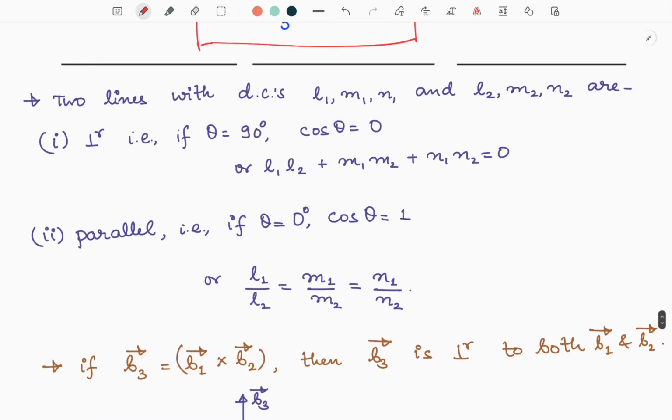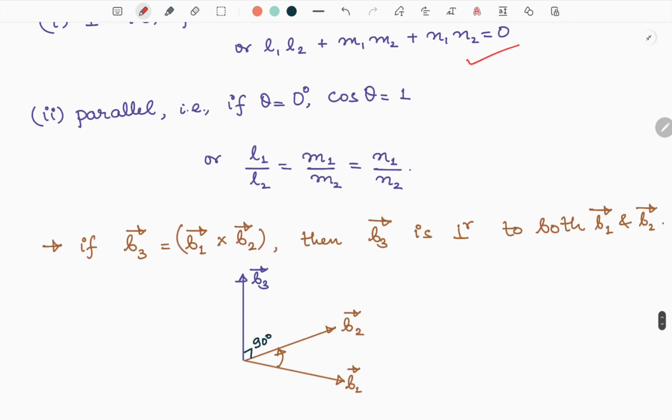Now to solve 33b, we again need some basic concepts. So if two lines are given with direction ratios l1, m1, n1 and l2, m2, n2, then the lines will be perpendicular when l1 l2 plus m1 m2 plus n1 n2 is equal to 0, and the lines will be parallel when their corresponding ratios are proportional.